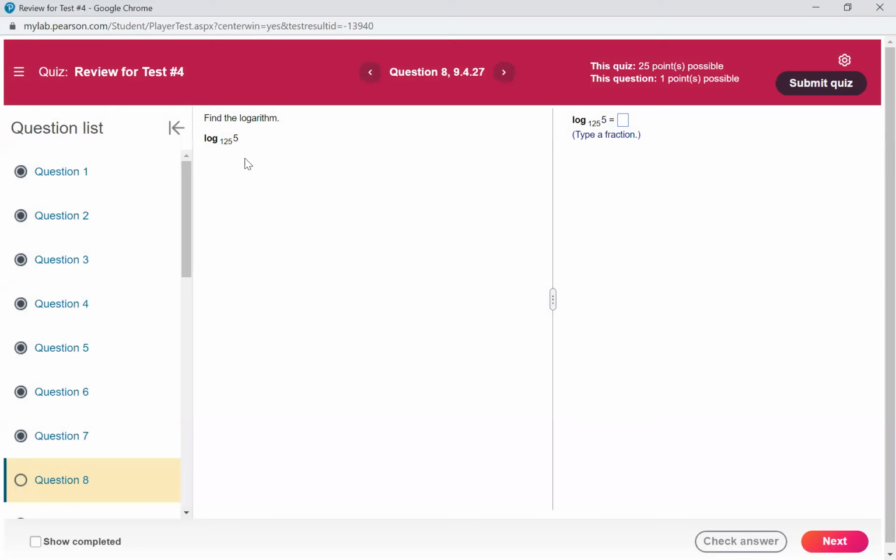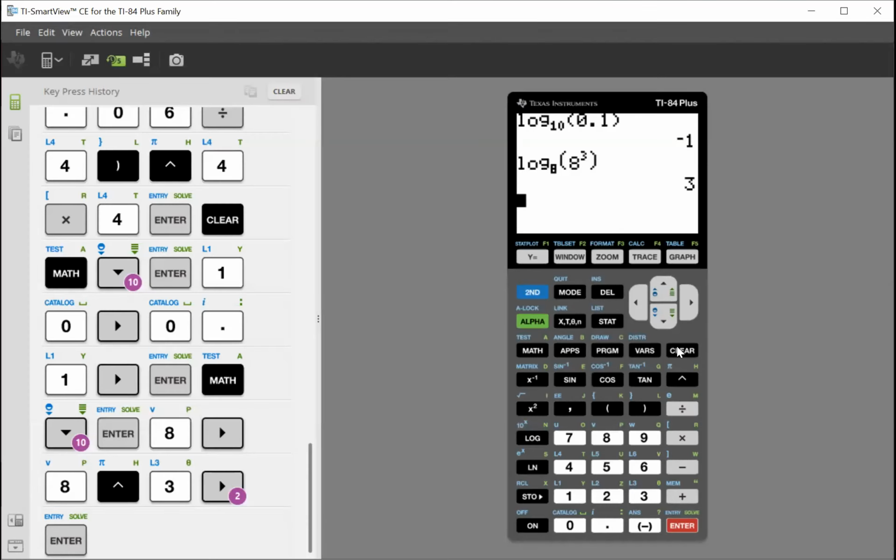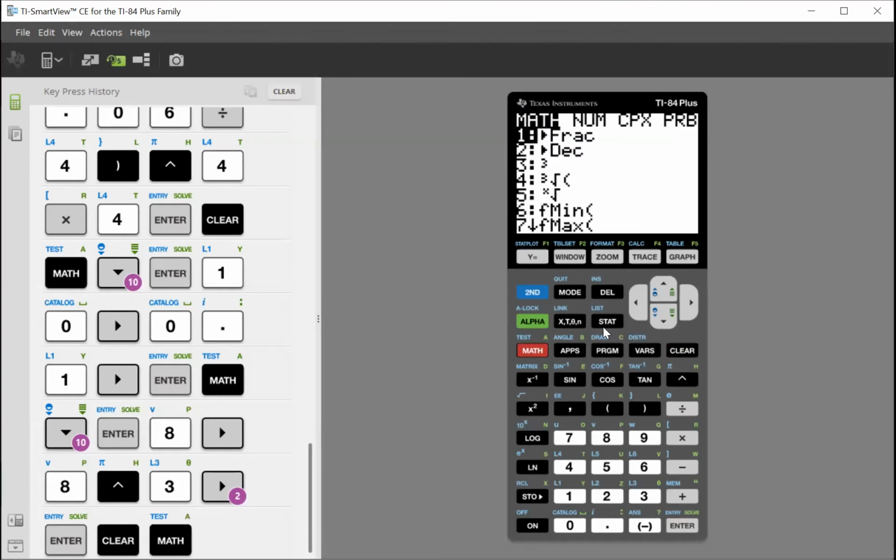All right, y'all. Log base 125 of 5. Back to the calculator. I'm going to hit math and go to log base again. Enter. And that was 125 and 5.